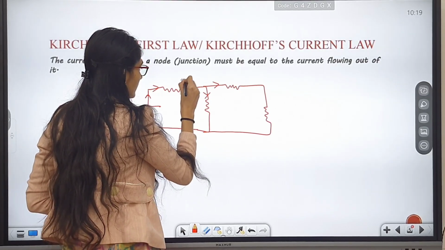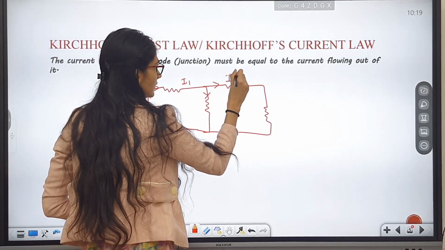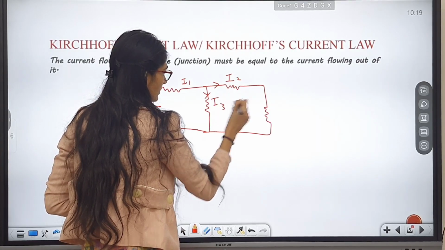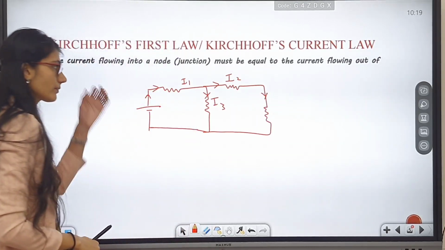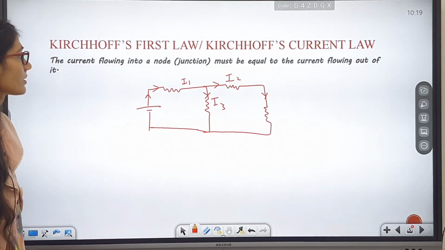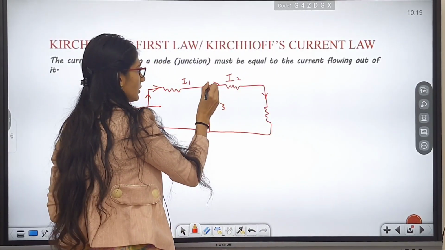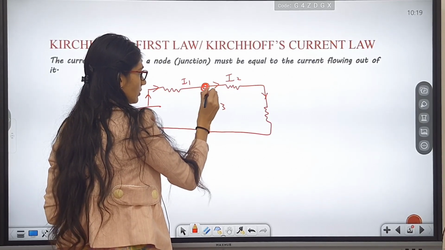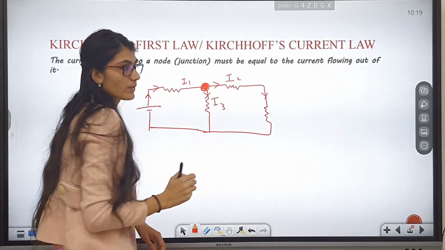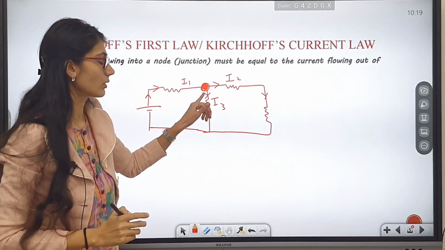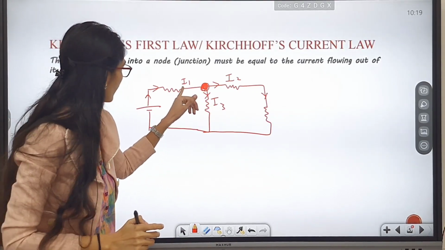Suppose here the current was I1, here it is I2, and here it is I3. At a particular node, this is the node, the meeting point of two or more branches, you can also call it a junction.